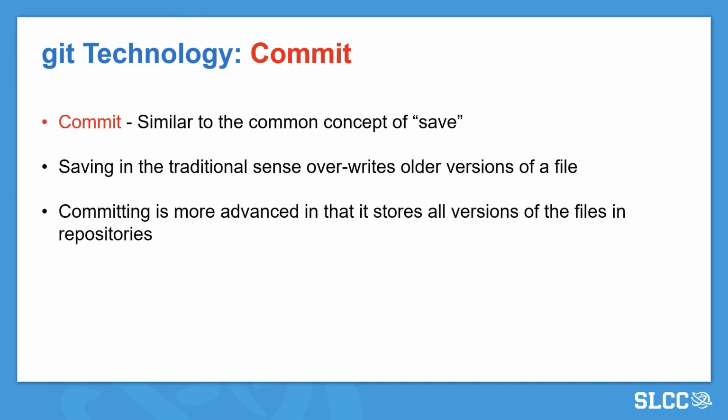In Git technology, we don't have a term that we're used to hearing when we're working with files, and that is save. In Microsoft Word, you've made your changes and you want to make sure that those are kept. You use the save command. In Git technology, we don't have that word. And the reason is because save historically means save the changes that I have made right now.